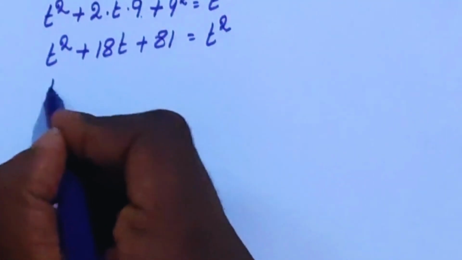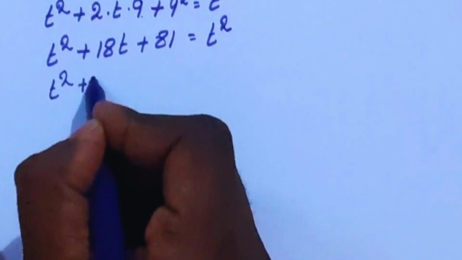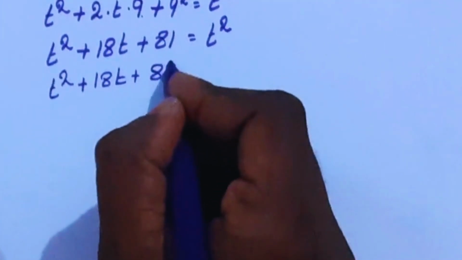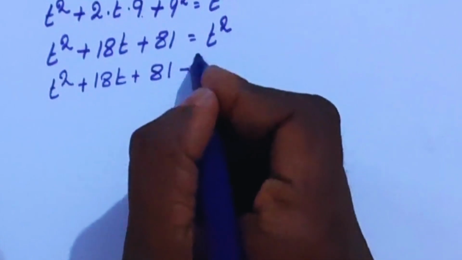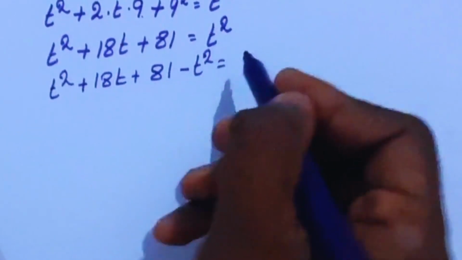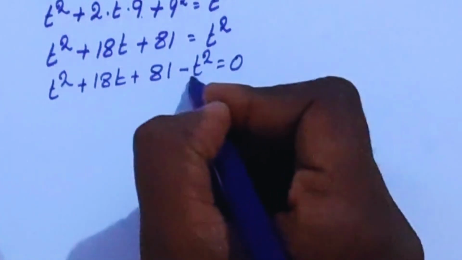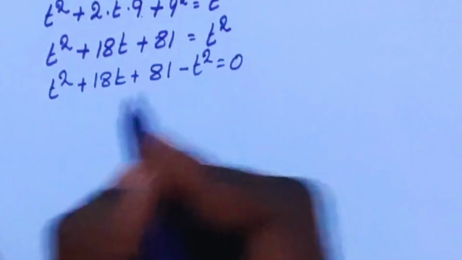Now t square plus 18t plus 81 minus t square equal to 0. We moved this t square to the left hand side, so it is minus t square.